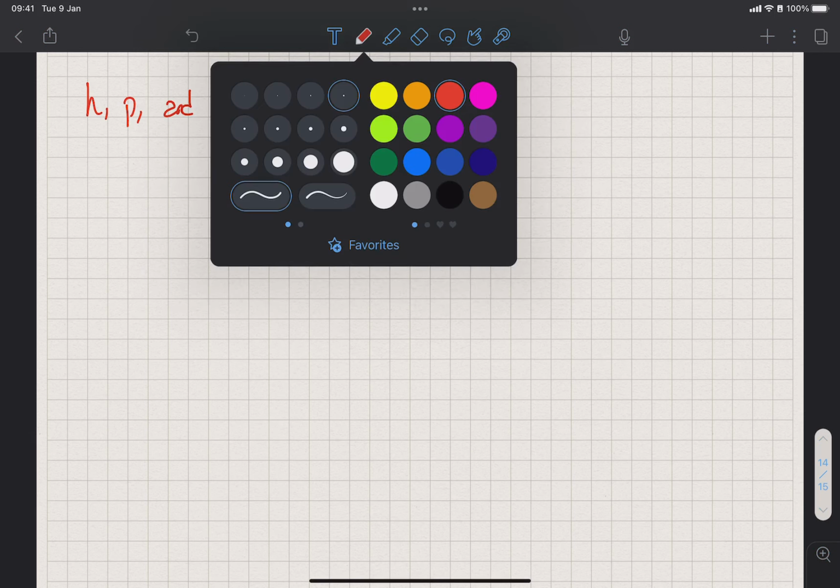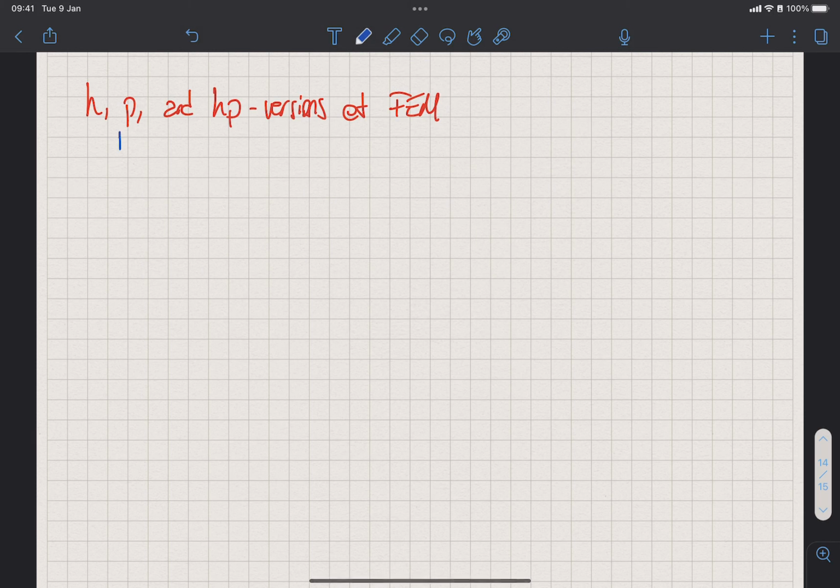We have seen for h-FEM, the H version, normally you have a linear or a quadratic interpolant. That is mostly what is used in practice. You would never go beyond quadratic. So let's say either 1 or 2, the polynomial order.